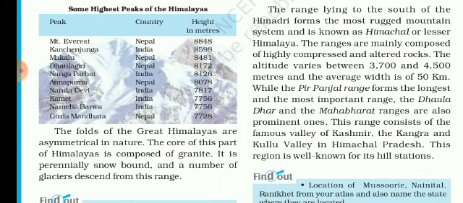The average width of this range of the Himalayas is 50 kilometers. It is composed of ranges like Pir Panjal, Dhauladhar and Mahabharata. The Pir Panjal range is the longest and the most important range.